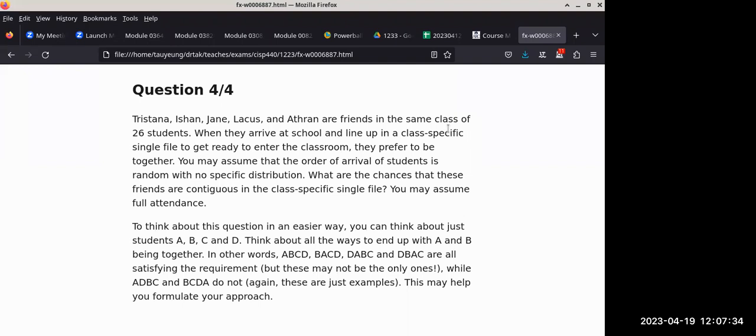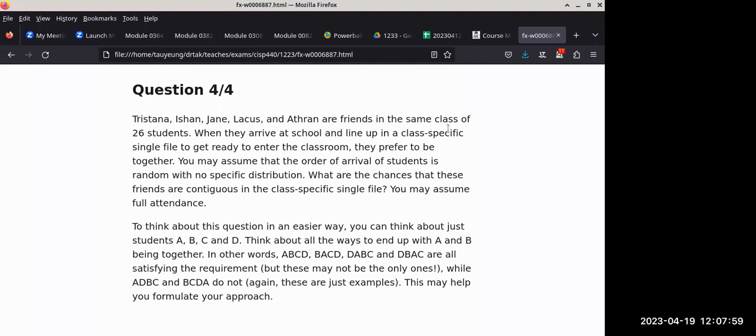To think about this question in an easier way, you can think of just students A, B, C, and D, and think about all the ways to end up with A and B being together. In other words, you scale the problem down to the point where you can enumerate all the possible cases. By looking at the pattern when the problem is smaller, hopefully you will find a pattern to help you find the solution to the larger problem.